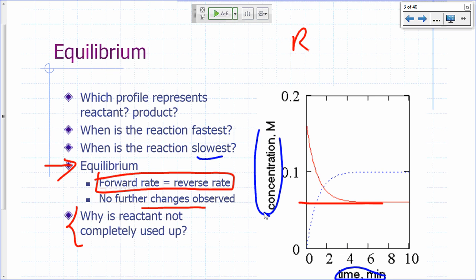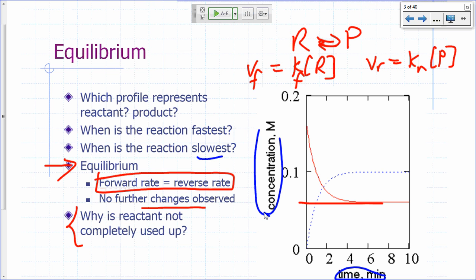If you remember, we said the rate for the forward reaction, let's say you have something as simple as R going to P, an elementary step, right? So the rate of the forward reaction would be what? Rate forward would be k times the concentration of R, right? K forward, we're going to label that with an f. And the rate of the reverse reaction would be equal to k of the reverse reaction times the concentration of the product.